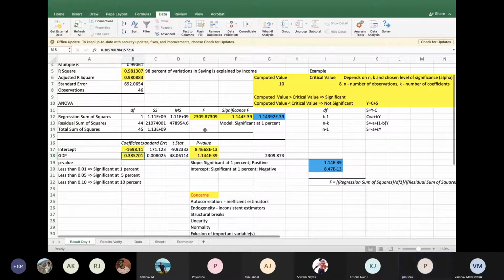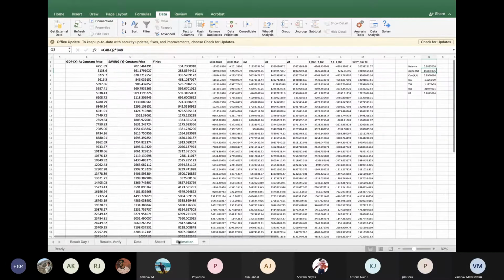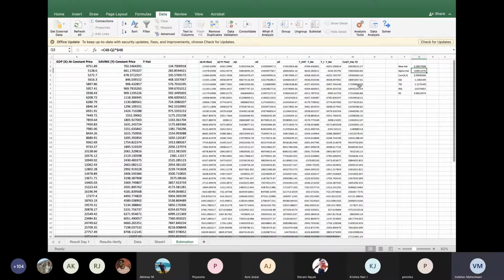Go to that sheet, Estimation. Covariance. We got the correlation coefficient between X and Y. You see? What is the formula for the correlation coefficient between X and Y? That would be sigma xi yi upon sigma xi, sigma yi, the square root of variance.